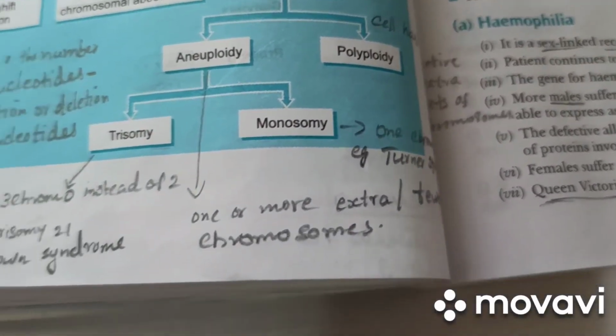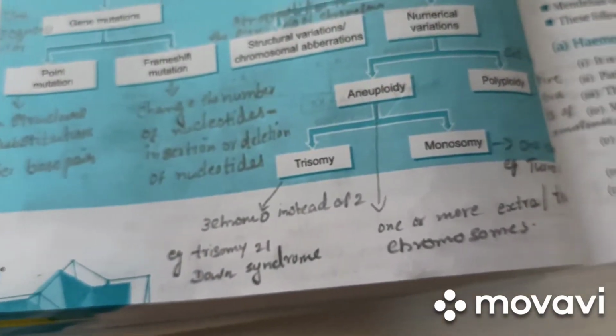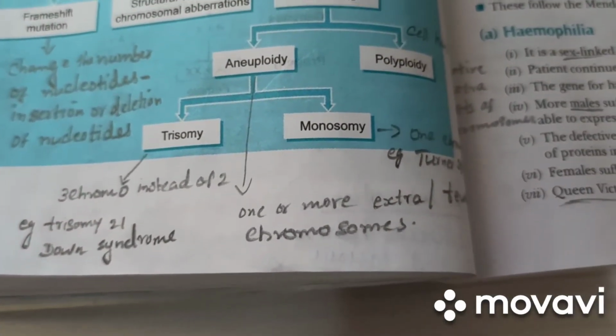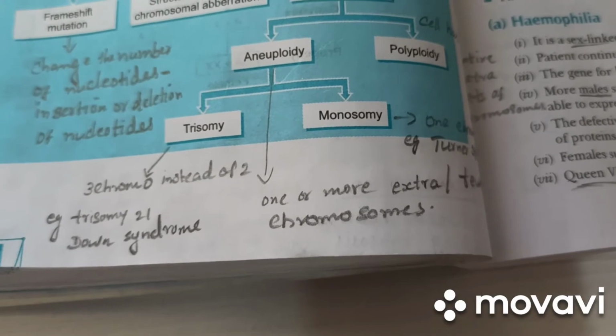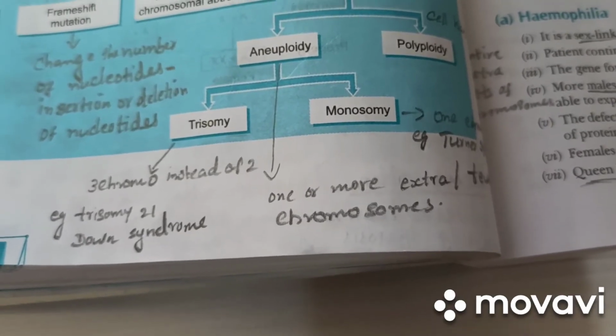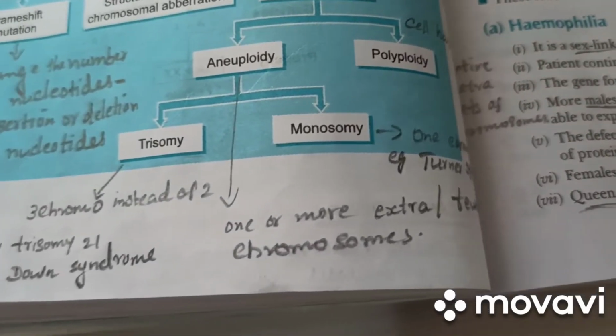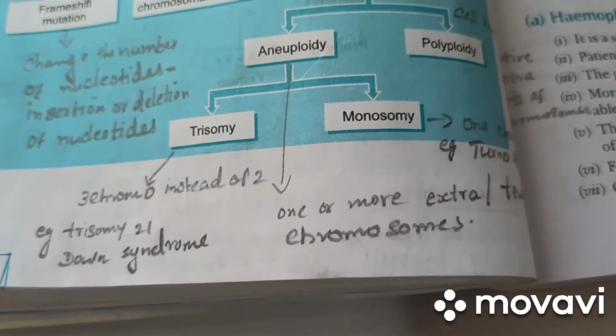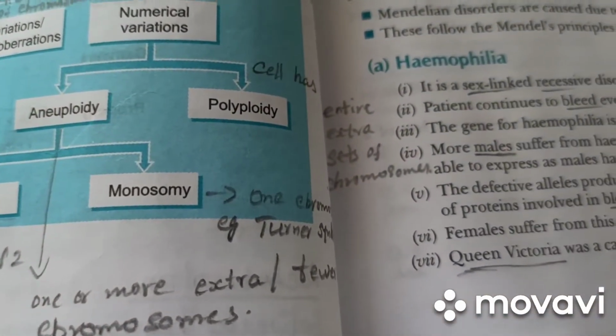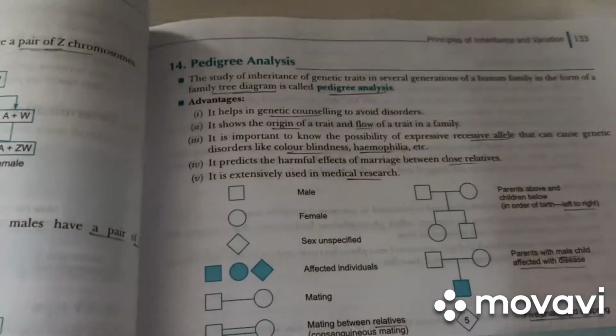Aneuploidy has 2 types, trisomy and monosomy. Trisomy means 3 chromosomes instead of 2. Monosomy means 1 chromosome instead of 2. Example for trisomy, Down syndrome. Monosomy example, Turner syndrome.